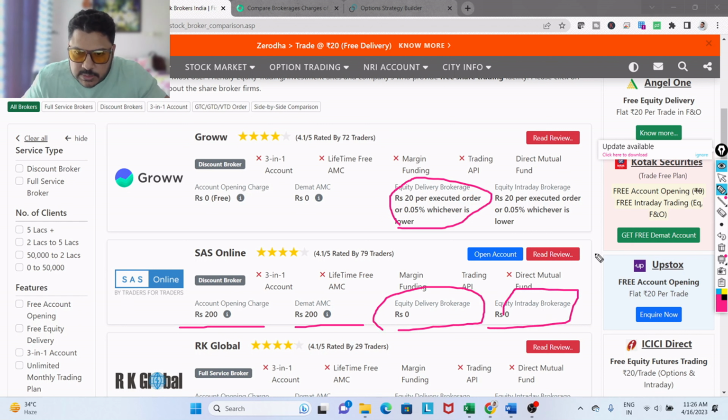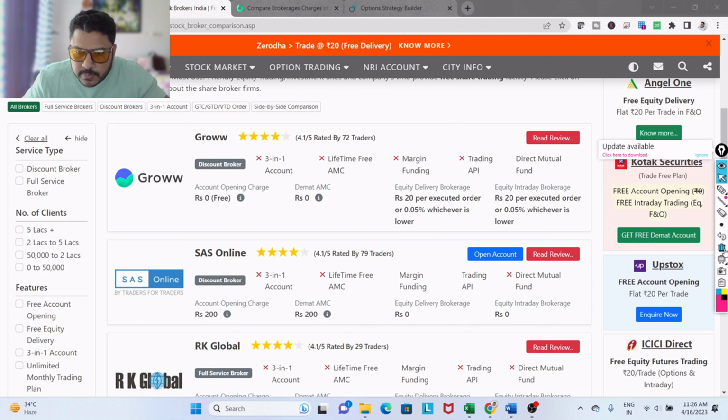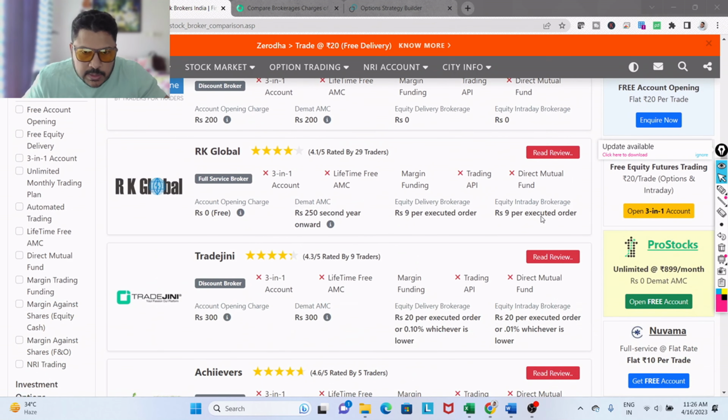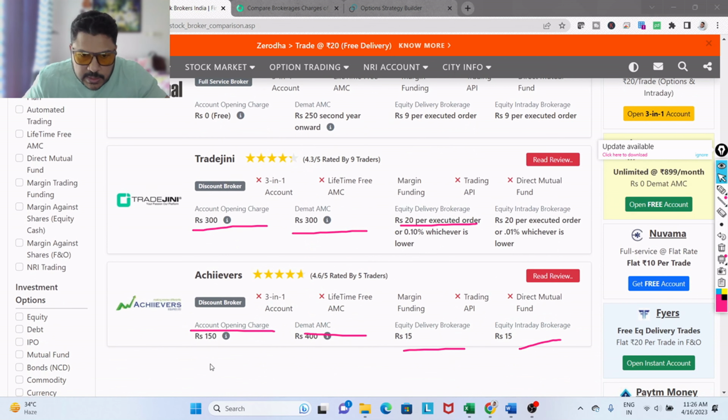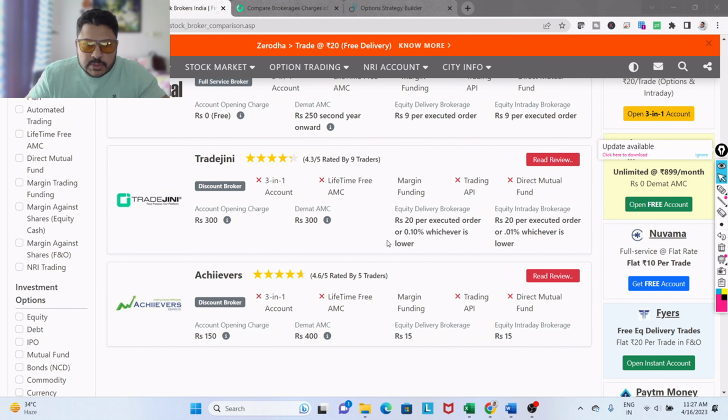Equity intraday is 0. Then let's go to RK Global. Again, account opening is free. DMAT is 250 from the second year onwards. 9 rupees per order. This is 300, 300, 20, 20. Expensive. And then next is about 15, 150. So in this you can choose.